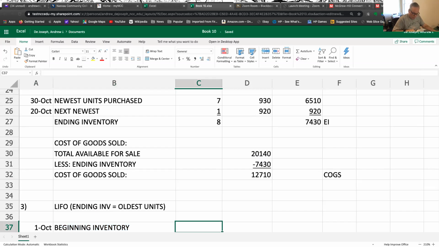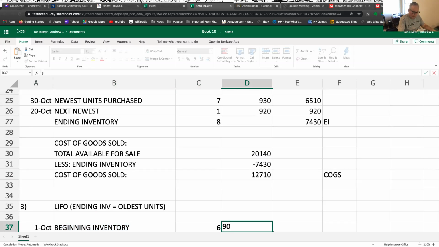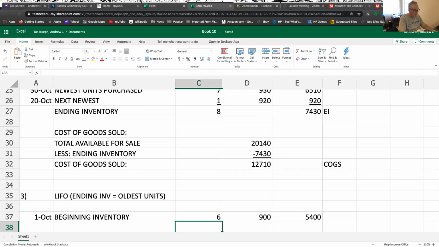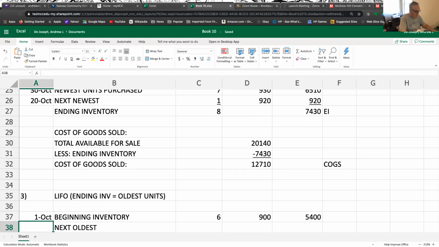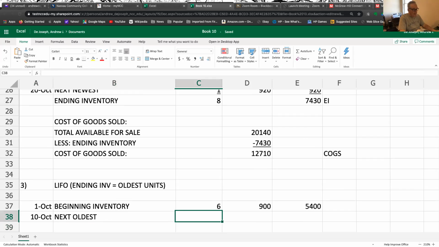And the beginning inventory consisted of 6 units times 900 was 5,400. Okay. What's the next oldest? The next oldest would be from October 10th. Now, I need 8.